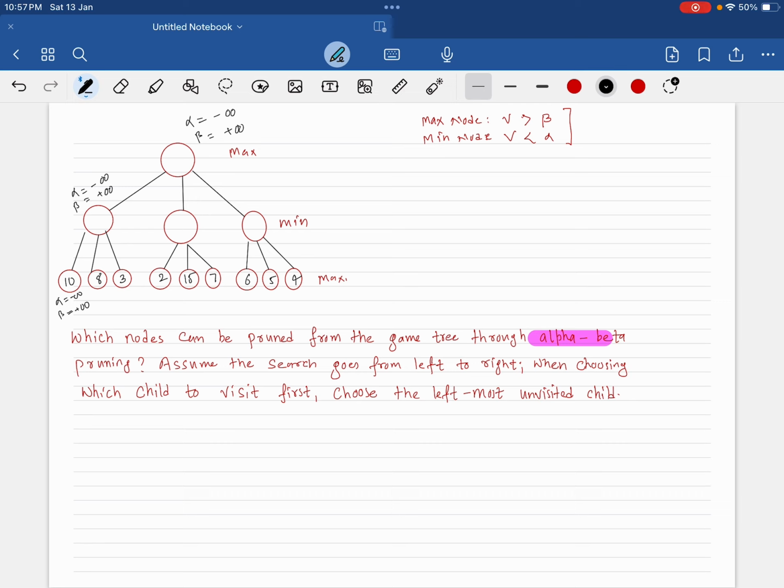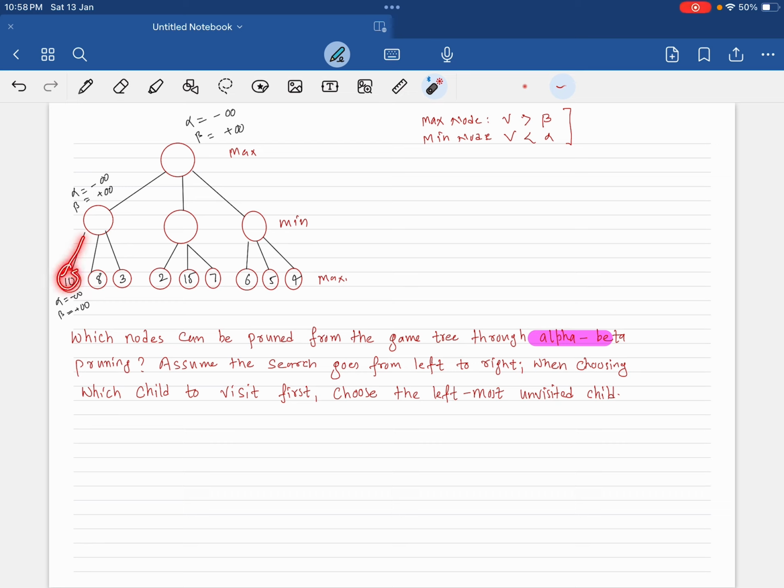Now you look at this node, this is a min node, right? So we will be updating the value of beta, and this node will take the minimum value of its successors. So its successors are these, right? But we will also check this condition, that do we need to traverse this tree?